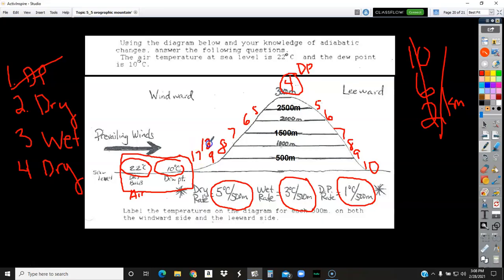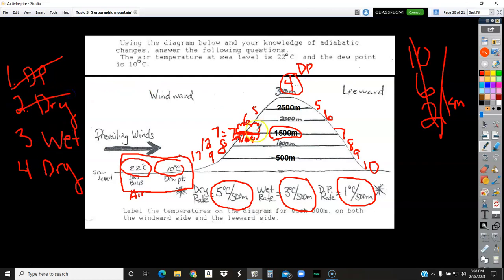Is 12 equal to 8? Nope, keep going. 12 minus 5 is 7. Is 7 equal to 7? Yep. Where's my cloud? 1,500, 1.5 kilometers. So right here, I put the base of a cloud. Make a little cloud. I'm going to have rain, got precipitation. The air is now condensed and is moist. Okay. Now I'm done with the dry rate.